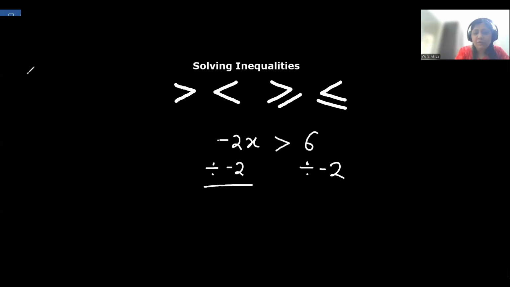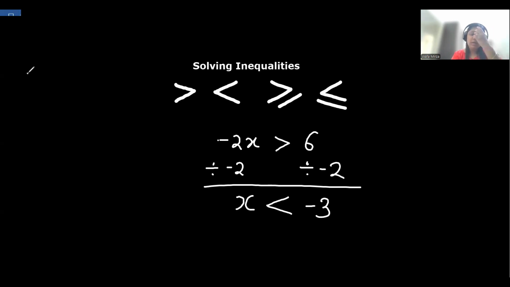So I will just flip over the inequality. Greater than sign will change to less than sign. Minus 2 divided by minus 2 will be 1. 1 multiplied by x will be x. 6 divided by minus 2 will be minus 3.